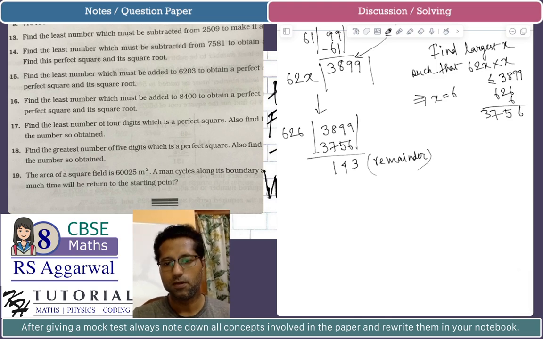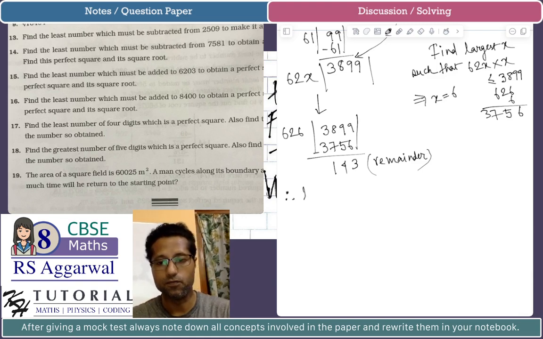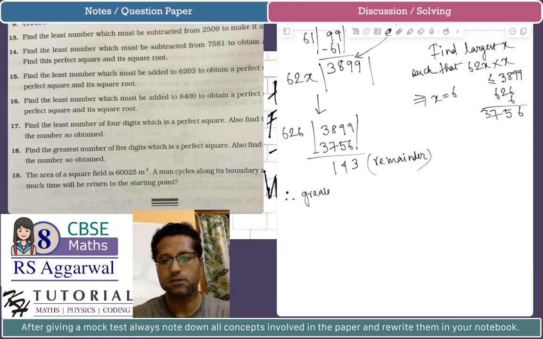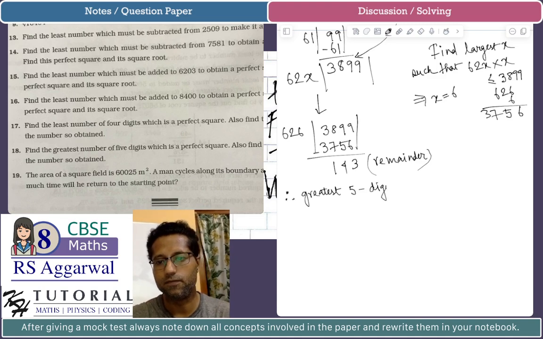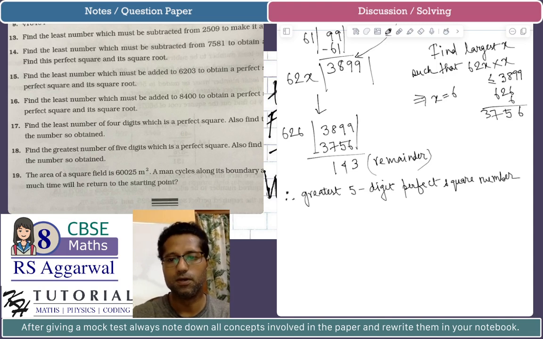So therefore the greatest 5 digit perfect square number has to be equal to 99999 minus 143.